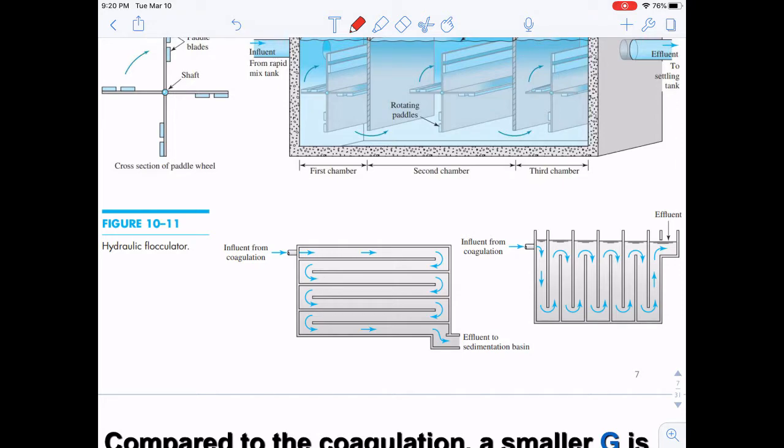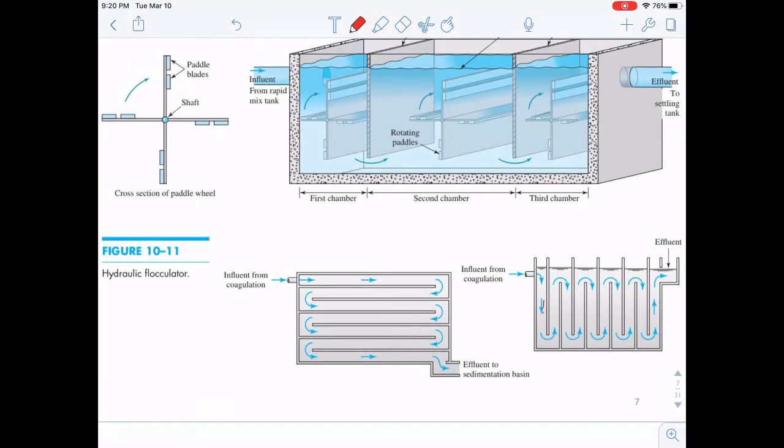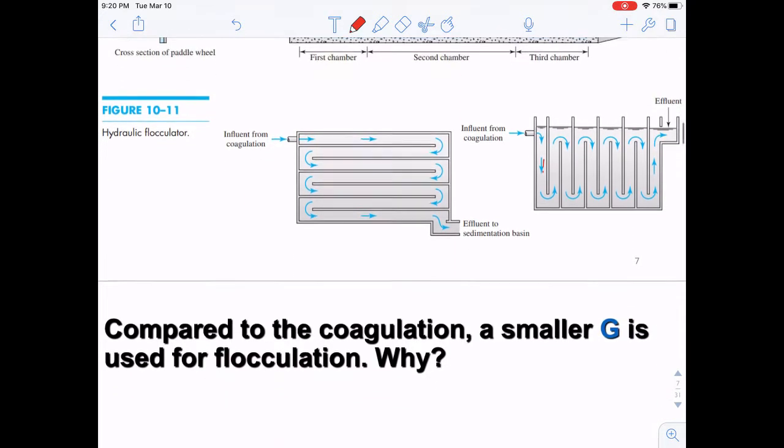Water is introduced from one side, and then because of this baffle here, it has to move downwards, and then it has to move upwards, downwards, upwards. So we'll go through these zigzags. In this way, it can spend a longer time in this flocculator, right? So basically, we want to enhance the retention time of the water in the flocculator so that we can achieve the goal of the flocculation.